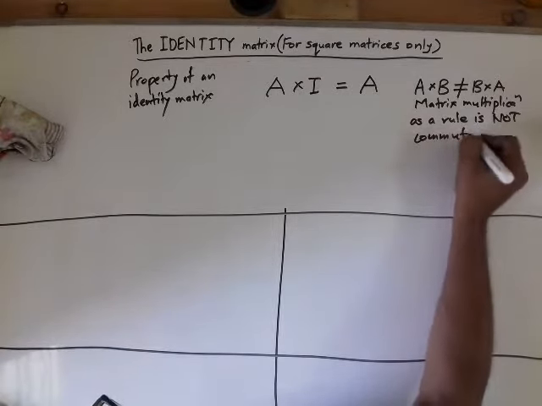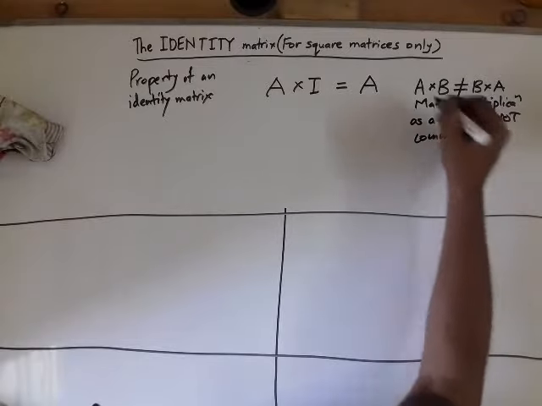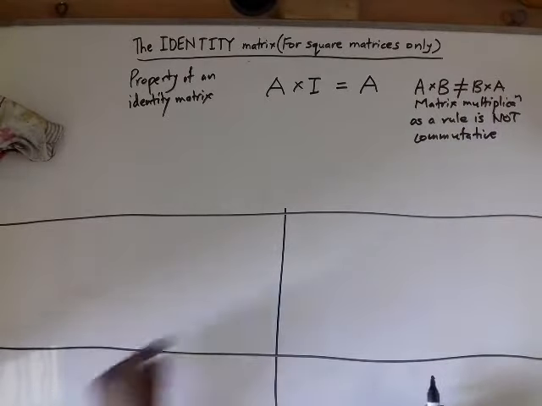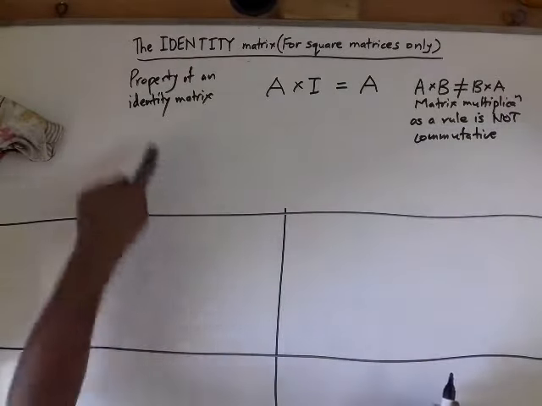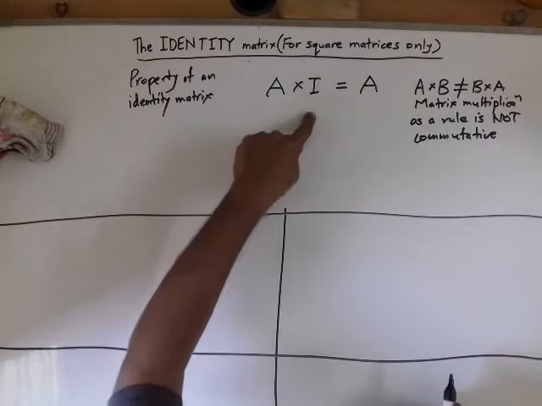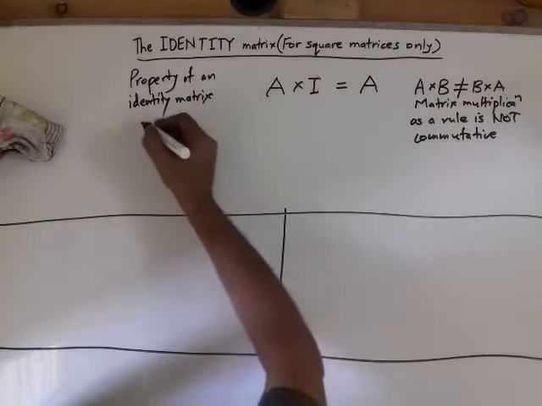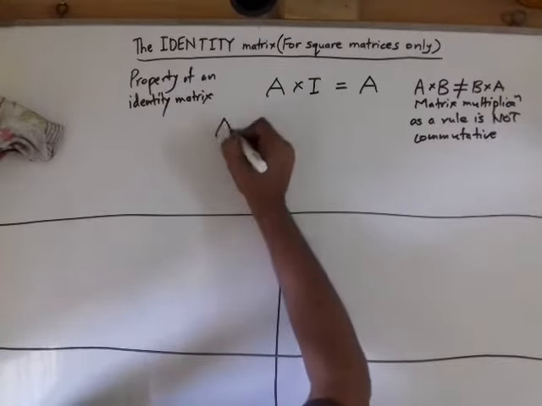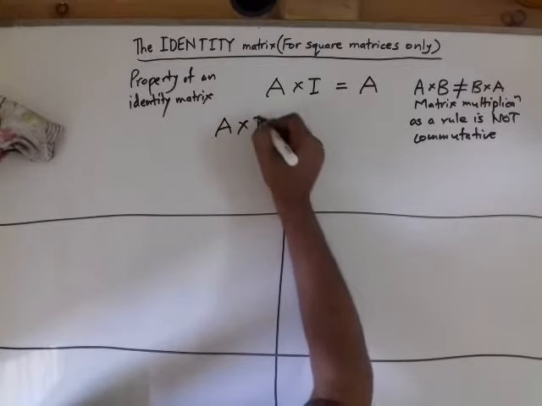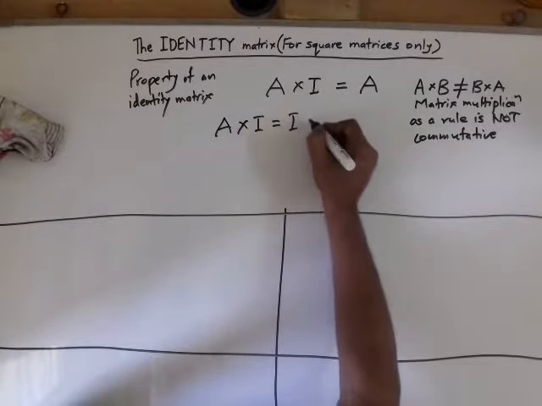A multiplied by B is not equal to B multiplied by A. But in the case of identity matrices, there is an exception to that rule. Multiplication of a matrix by its identity matrix is commutative.